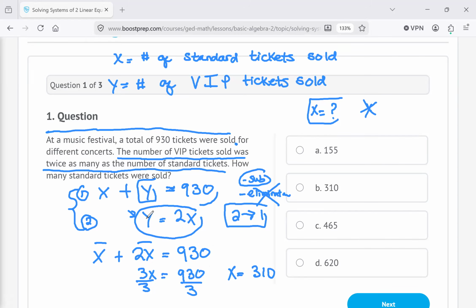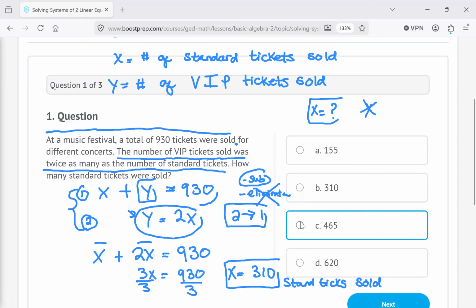We don't need to know the number of VIP tickets. They only want the standard tickets, which we found out is 310 standard tickets that were sold. Okay, so that is letter B.